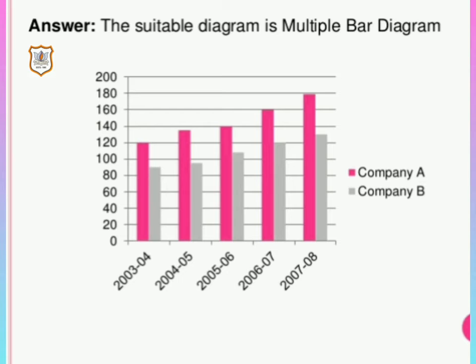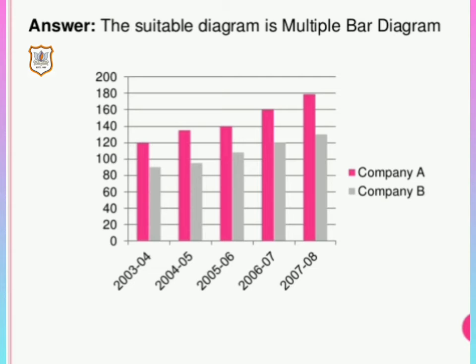Company A is represented in pink color, company B is represented with grey color. According to the question, financial year is shown on the x-axis and profit is shown on the y-axis. Taking a scale of 20 on the y-axis, it starts with 0, 20, 40, 60, 80 and so on.